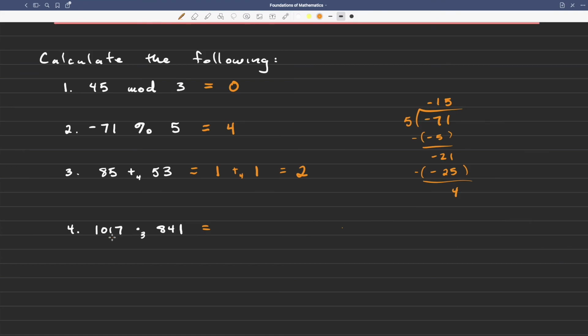So since that first number, 1017, is divisible by 3, its residue is 0 modulo 3. And if I divide 3 into 841, I'm going to see that the remainder is 1. So you get 0 times 1 modulo 3, and I just do that product and I get 0 modulo 3.